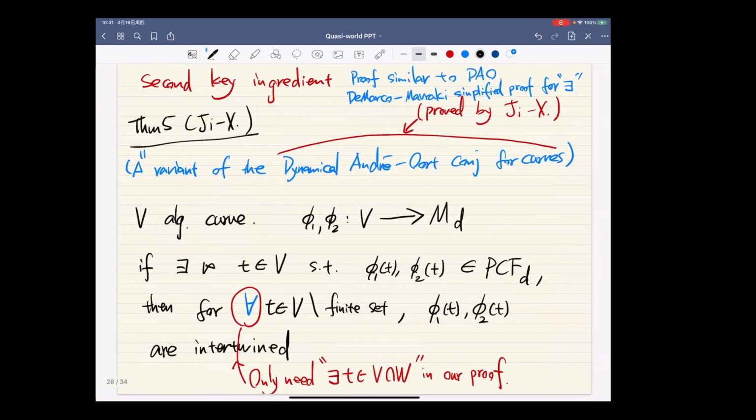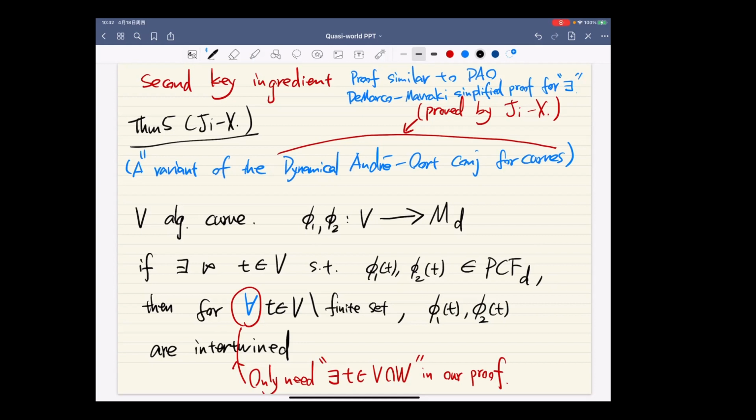But here, one can see that we prove that for every parameter T, phi1(T) and phi2(T) are intertwined. But in our proof, we only need one T. We only need to show there exists one T in V intersect W such that phi1(T) and phi2(T) are intertwined.